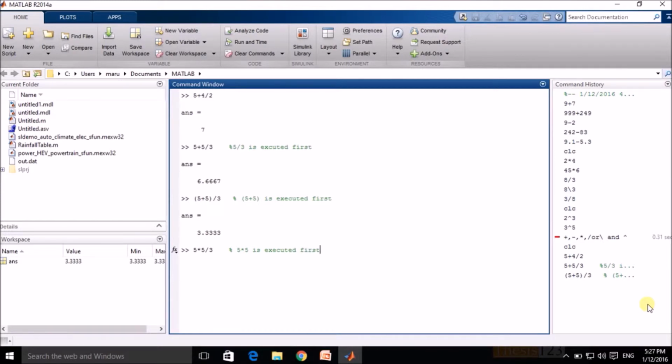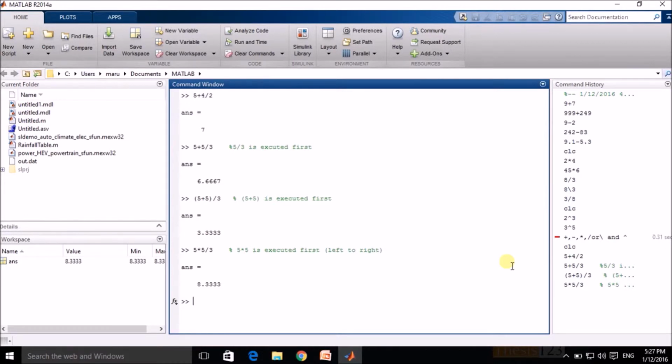The simple logic is from left to right, the expression is executed. Its answer is 8.333.